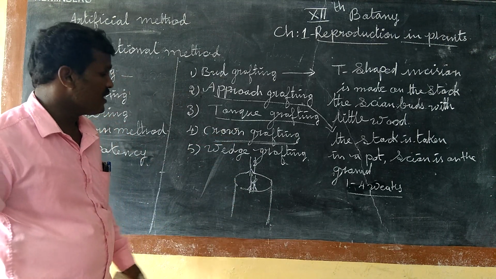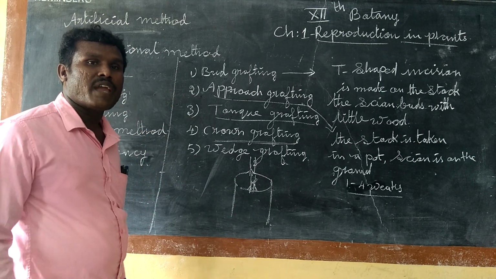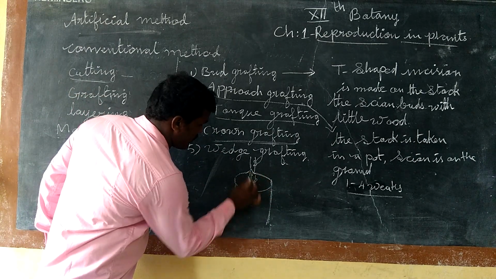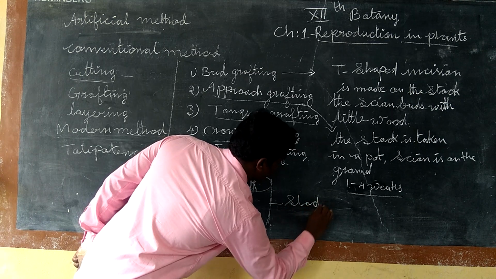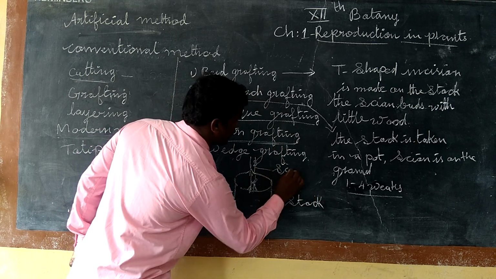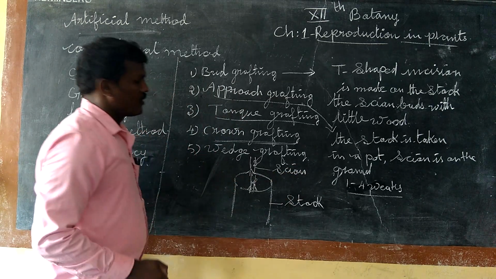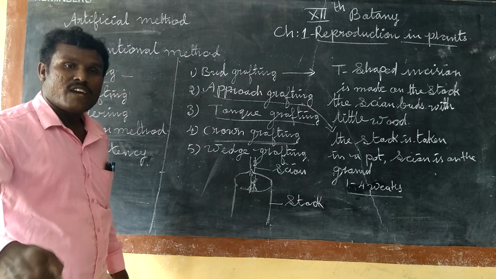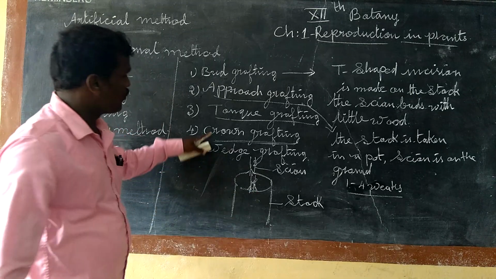In crown grafting, the scion is made into a wedge shape, and in the stock, which is this, a cleft or slit is made. This is regarding crown grafting.